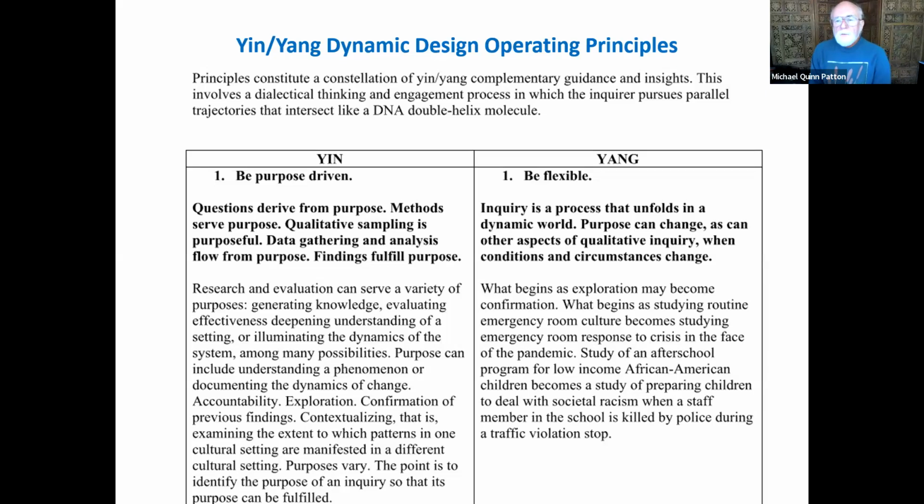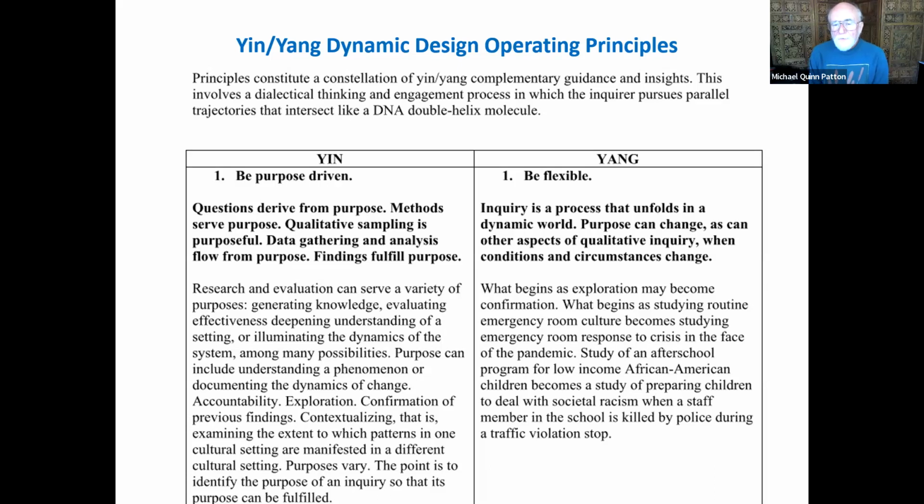But the yang of that is that the inquiry is a process that unfolds in a dynamic world. Purpose can change, as can other aspects of qualitative inquiry or developmental evaluation, when conditions and circumstances change. What begins as exploration may become confirmation. What begins as studying routine emergency room culture becomes studying emergency room response to crisis in the face of the pandemic.